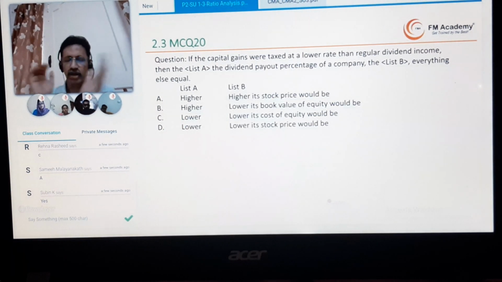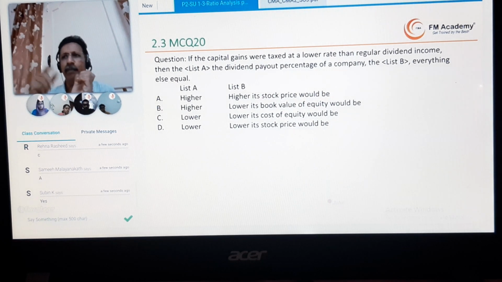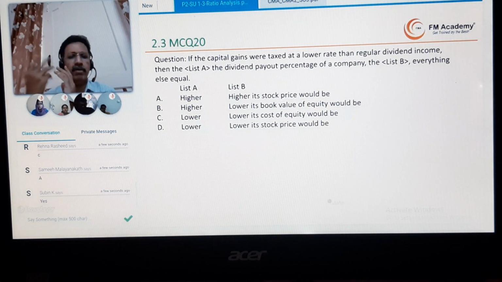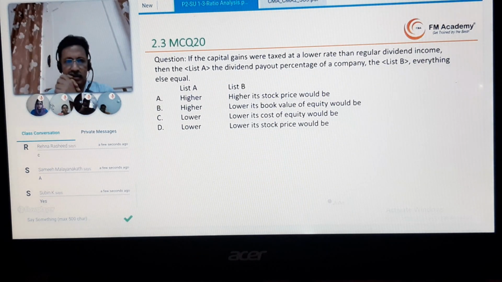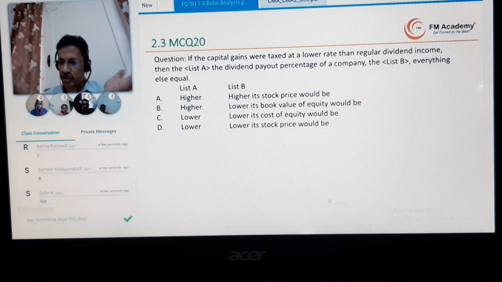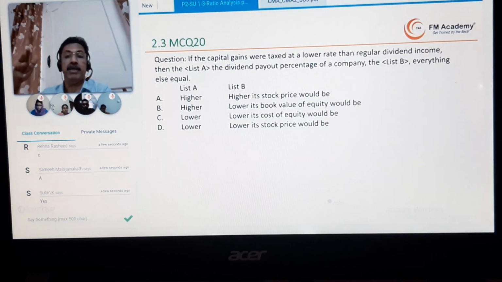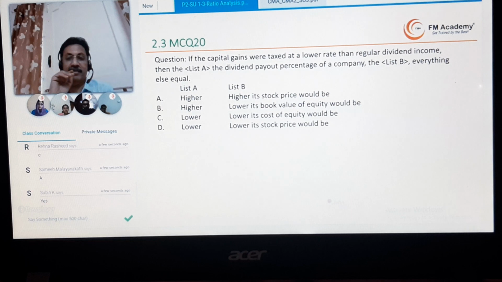So that is the total shareholders return. And if capital gain is taxed at a lower rate than dividend, people will prefer capital gain. If dividend is taxed at a lower rate than capital gain, people will prefer dividend. That is natural, because they want to maximize the after tax return, right?